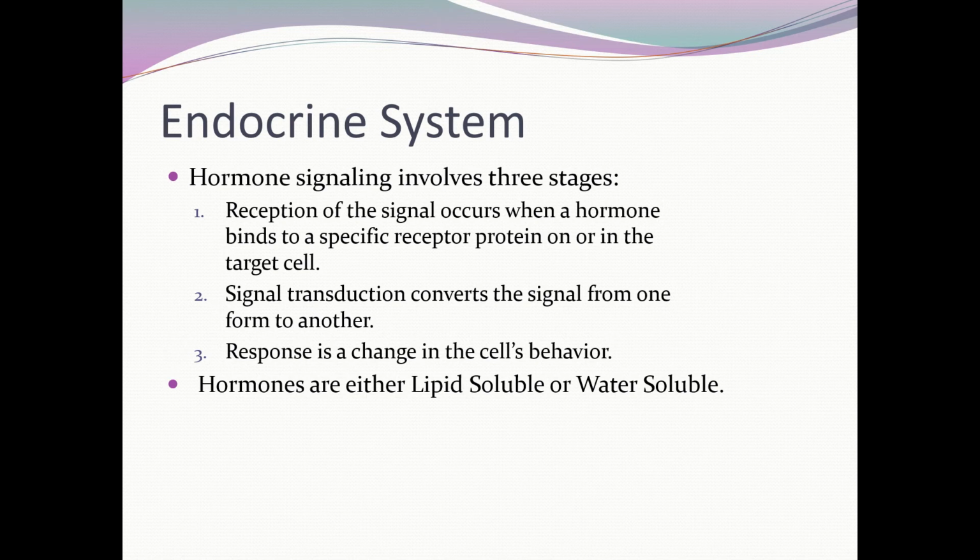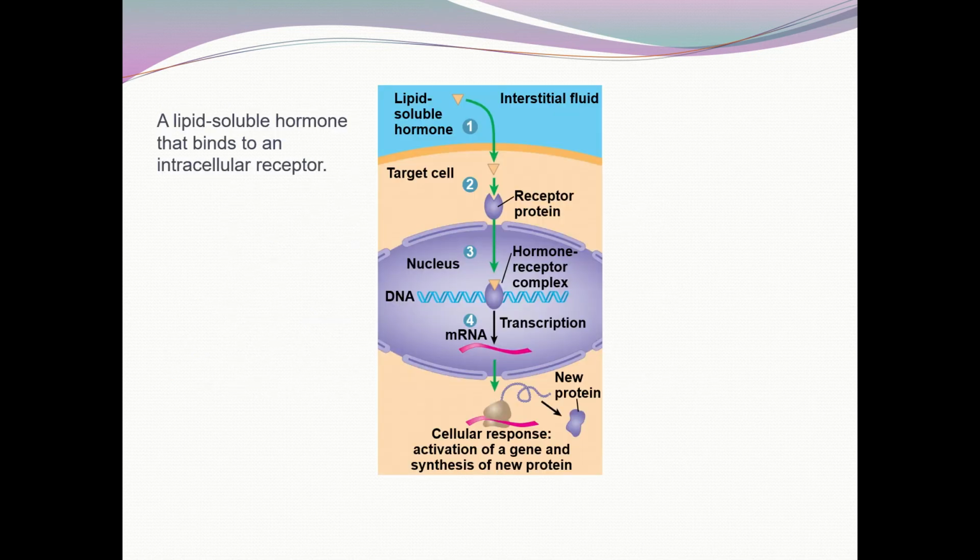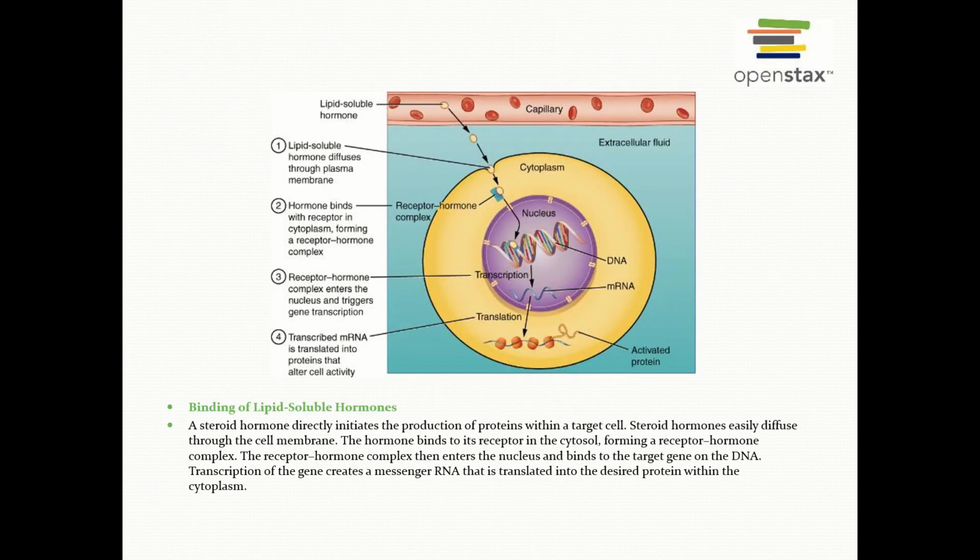Hormones are either lipid-soluble or water-soluble. A lipid-soluble hormone binds to an intracellular receptor because it can pass through the plasma membrane of the cell. A steroid hormone directly initiates the production of proteins within the target cell.